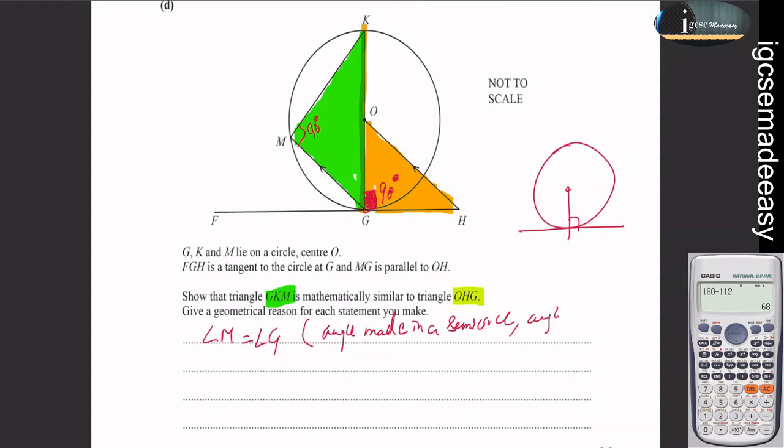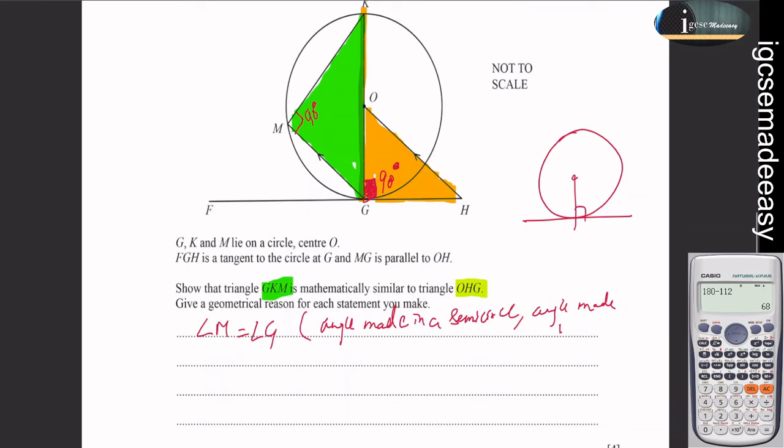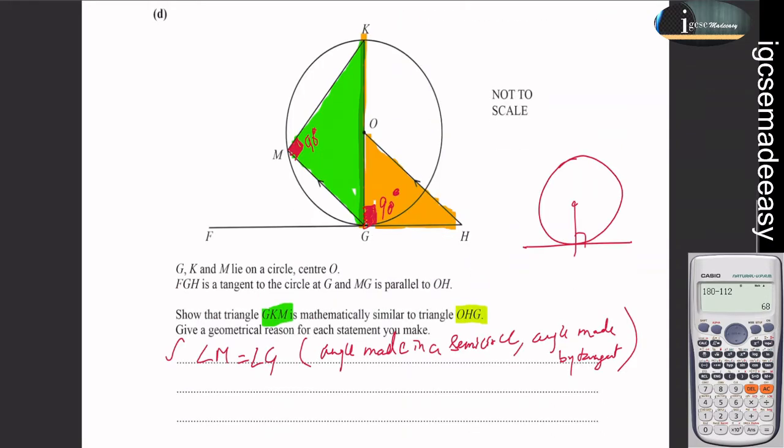Now hopefully you can get it that these two are equal because they both are 90 degrees. Now to make two triangles similar, we at least need three properties. First property, we proved that angle M equals angle G, both are 90 degrees.